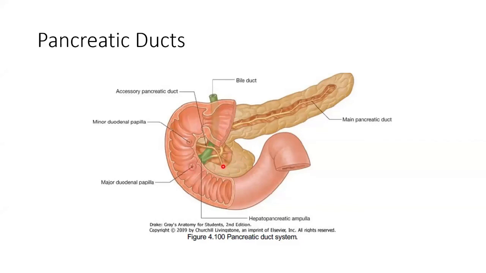And the uncinate process may drain separately through the accessory pancreatic duct to the minor duodenal papilla. Okay. And you can have various connections between these two ducts.